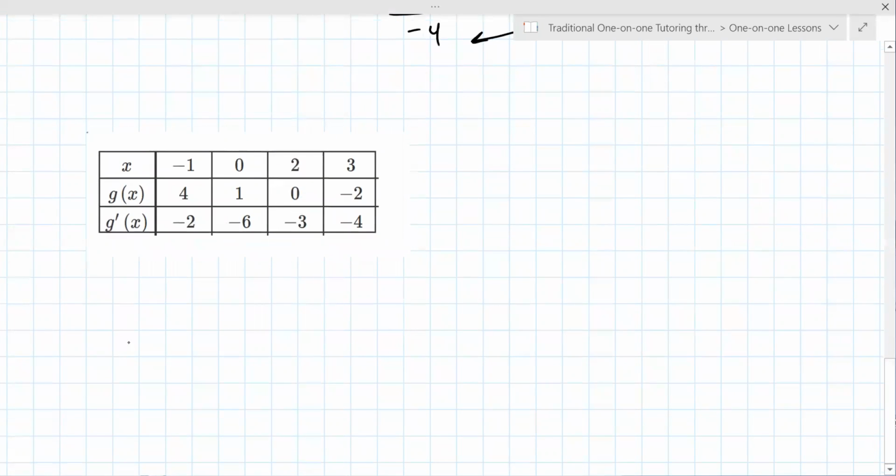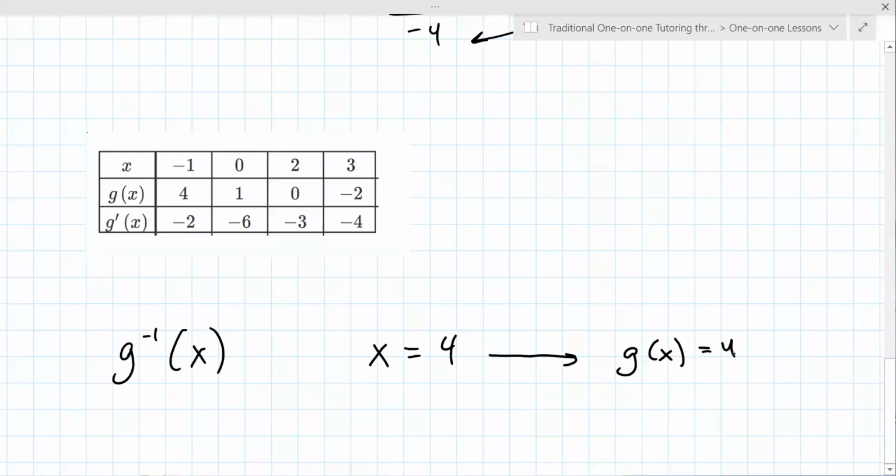Okay, so let's say we want G inverse of X when X equals 4. What this implies is that G of X is actually 4. So you're looking at the -1 column, so it's -2? Yes, so no. Y, this tells you the y value.